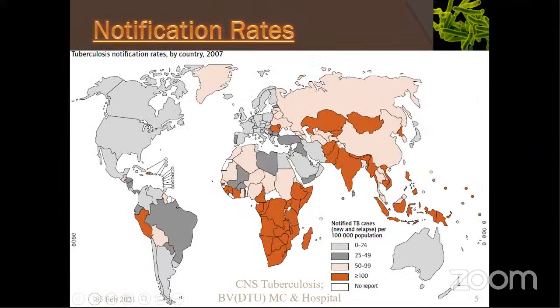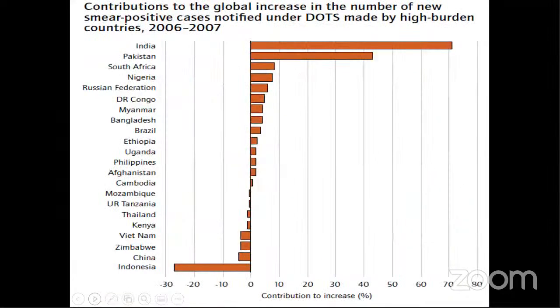Next, see the notification rates, which are more than 100 per 1 lakh population of new and relapse TB cases. Out of these, a percentage will have tubercular meningitis. And contributions to the global increase in tuberculosis, if you see, India is contributing a large number of cases.